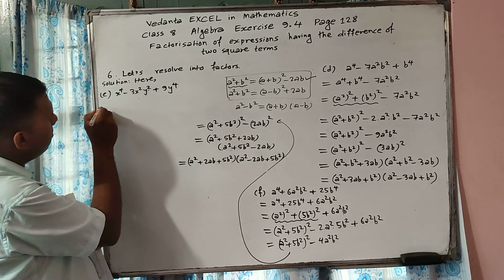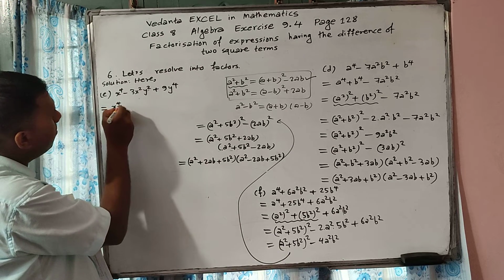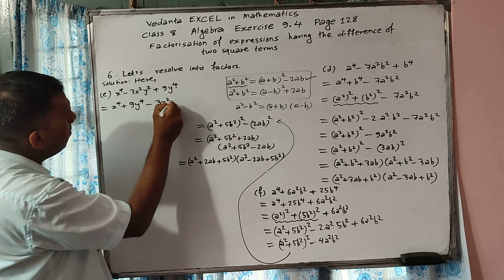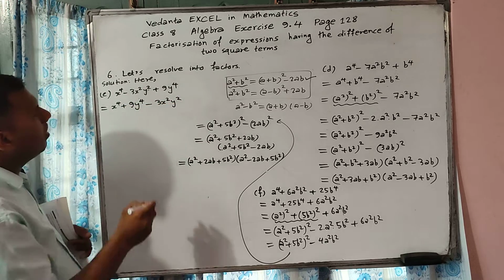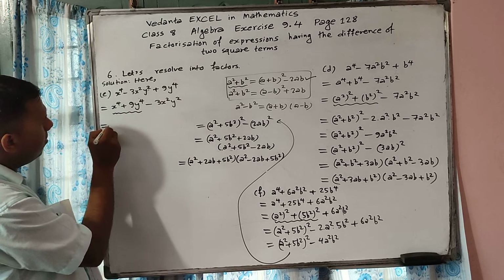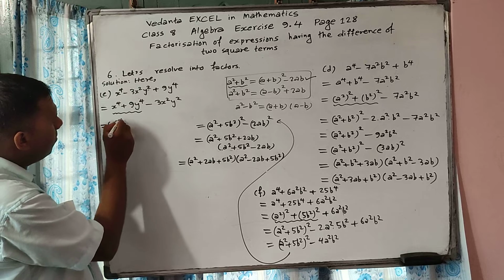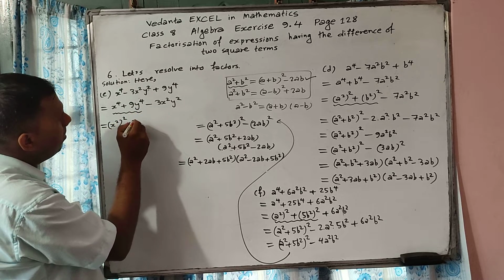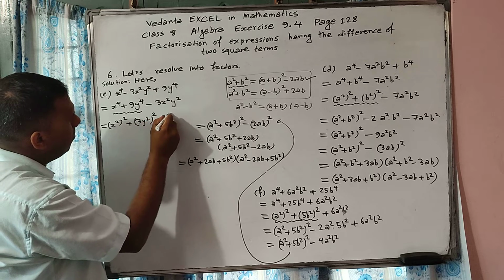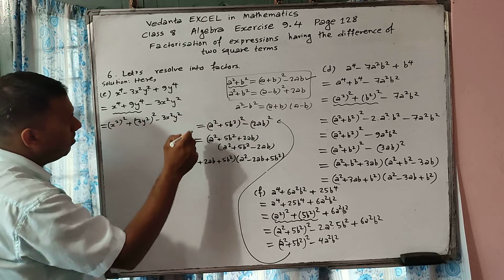This is equal to x⁴ + 9y⁴ − 3x²y², adding degree 4 terms together. Now x⁴ is (x²)², plus 9y⁴ is (3y²)², minus 3x²y².